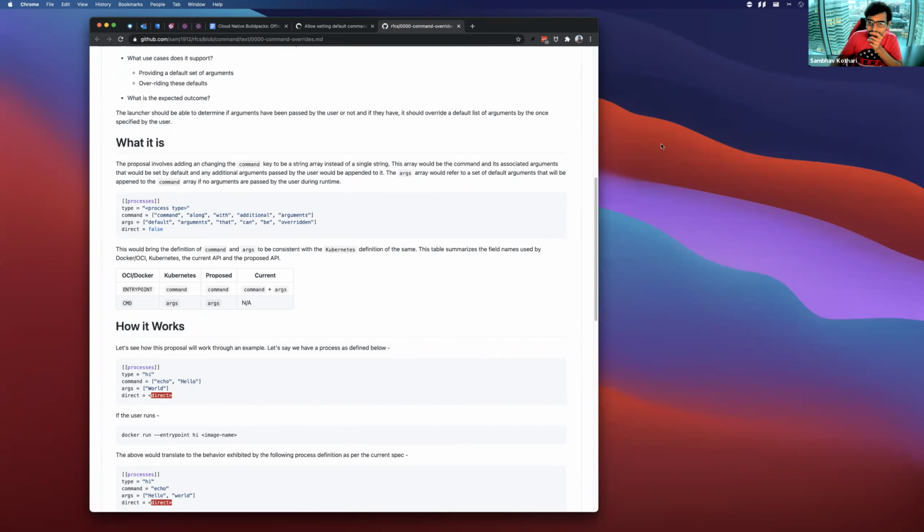But isn't that a separate issue from removing Profile D entirely? It seems like having direct equals true, not launching Profile D, is the issue, not the fact that Profile D itself exists. It's about complexity, right? As soon as execd landed, there were a couple of cases where we needed it in some of these distroless images, native images for Java.